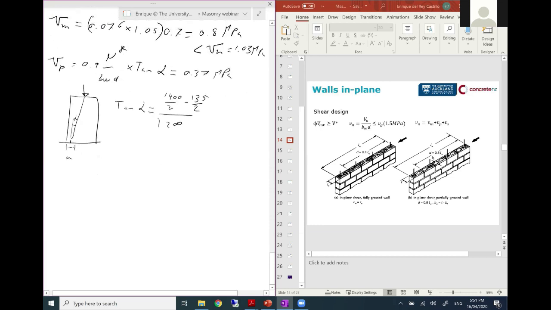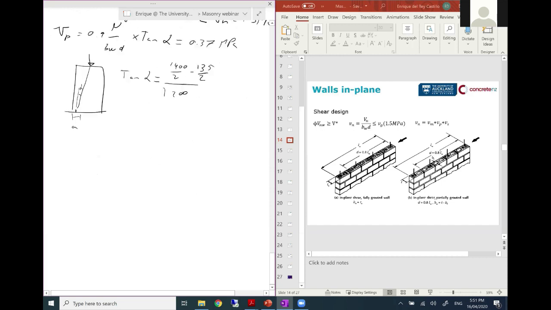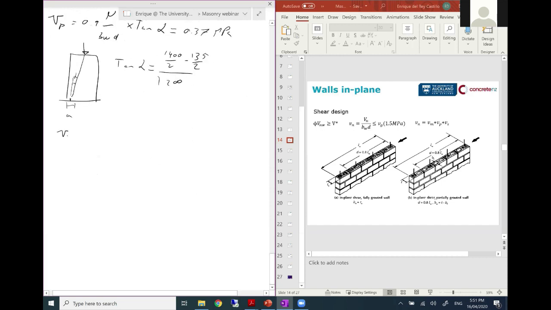So 0.37 MPa. Now, if we add the contribution of the masonry and the contribution of the axial load, this is larger than 1.3, which is what I needed. So I don't need to do the contribution of the steel, because any steel we have will already be sufficient.